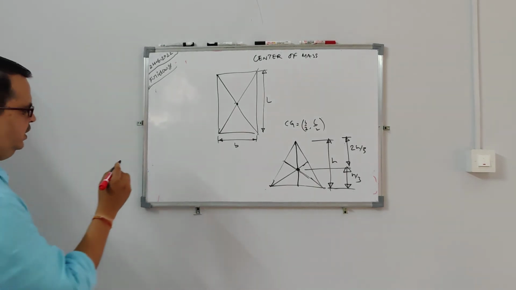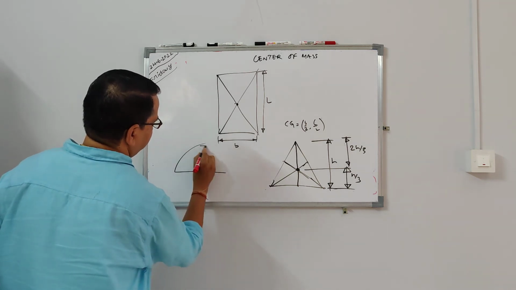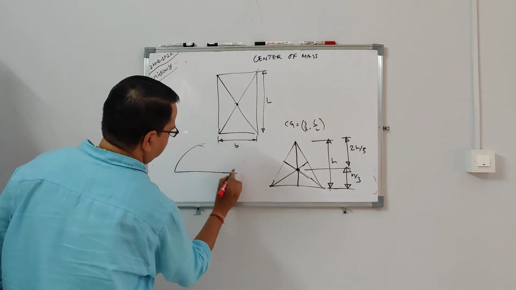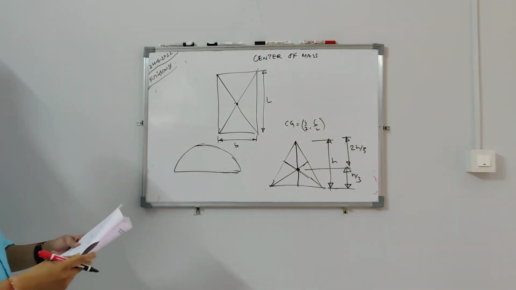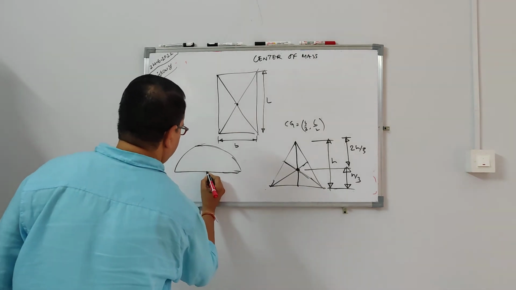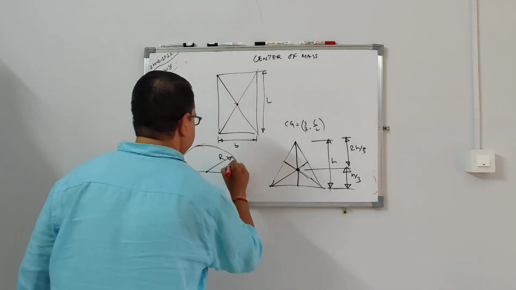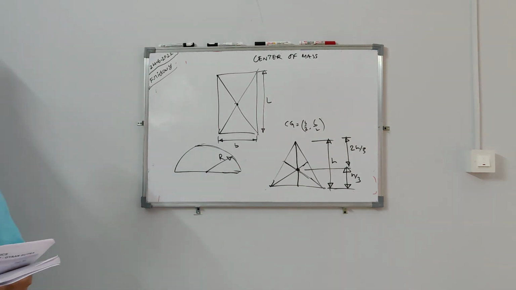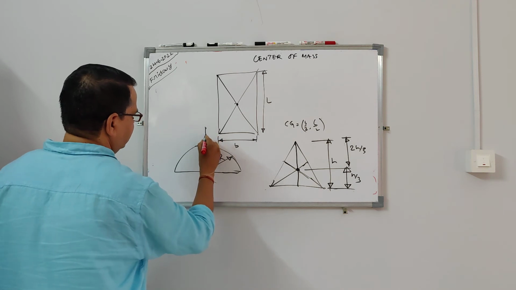And for a semicircular ring, this is my semicircular ring, and this is my radius.